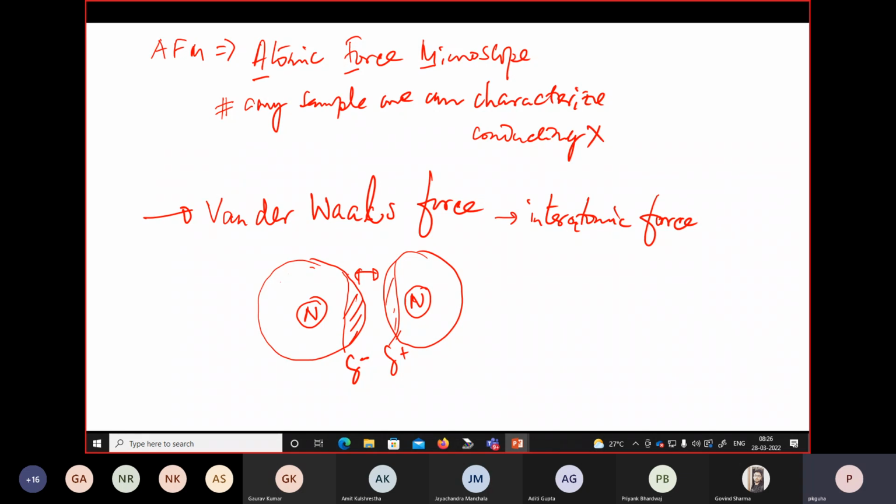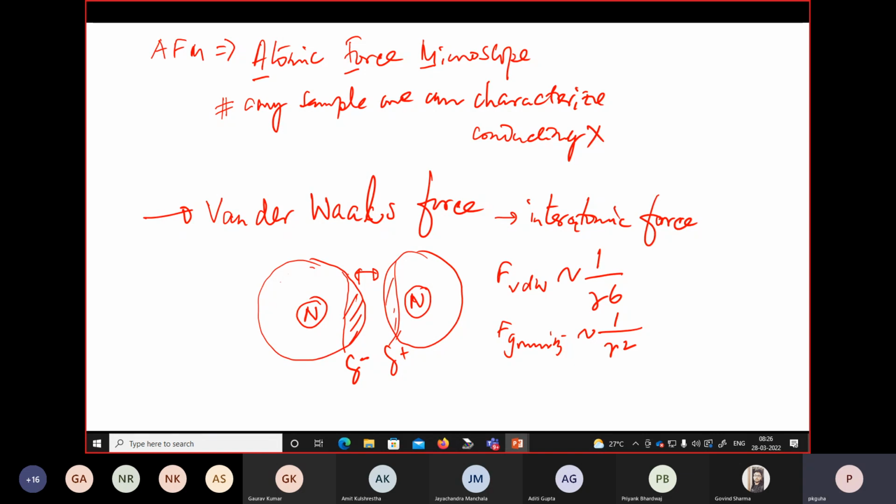People later on managed to show that the van der Waals force is proportional to 1 over r to the power 6 between two atoms or two atomic particles, whereas gravity, which we commonly know of, is 1 over r square. So at the molecular level van der Waals force dominates, but when we move to larger distances, gravitational force is more dominating.